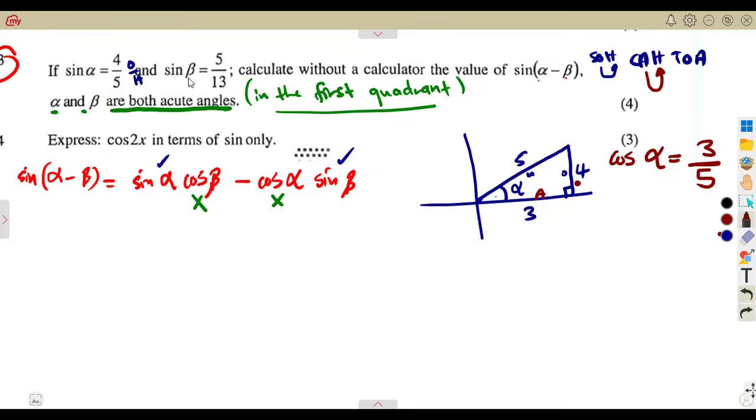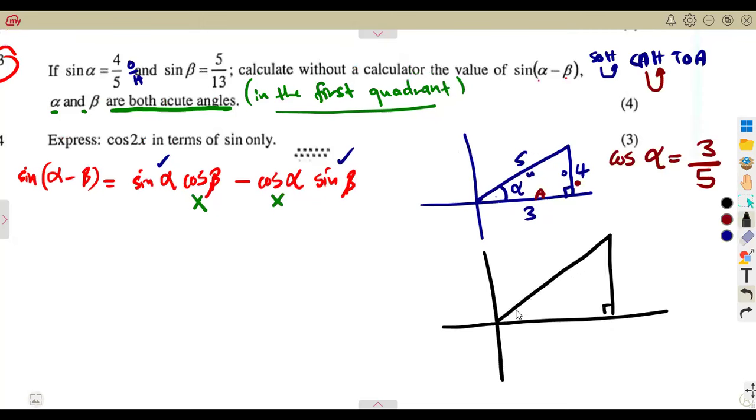From the sine of beta, we do the same thing. It's another triangle you have there. So you're going to consider another part where the sine of beta is to be used. So let's say this is angle beta. Opposite over hypotenuse, we saw that. So this is our opposite, which is 5. The hypotenuse, this side, which is what? 18.